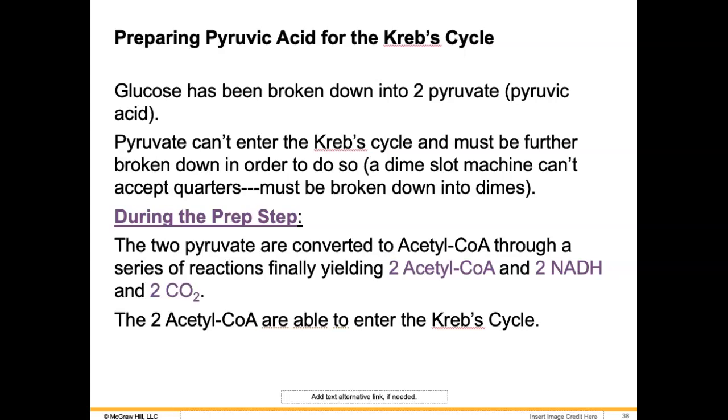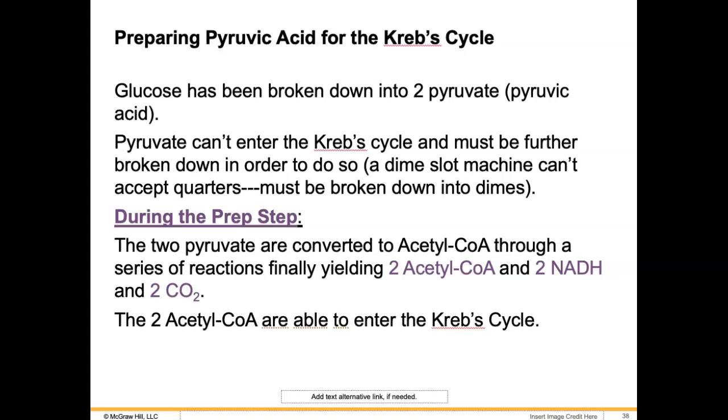So the pyruvate enters into the prep step. Remember, there are 2 pyruvate from that one glucose molecule. The 2 pyruvate are converted to acetyl-CoA through a series of reactions, finally yielding 2 acetyl-CoA, 2 NADH, and 2 CO2.